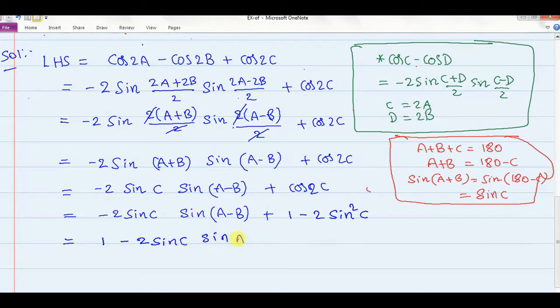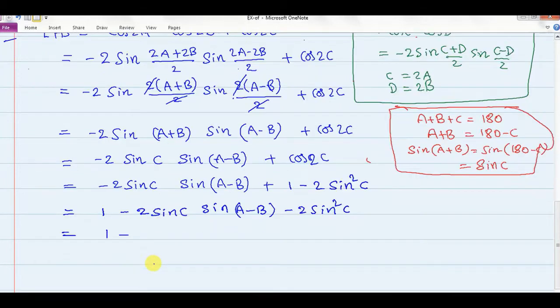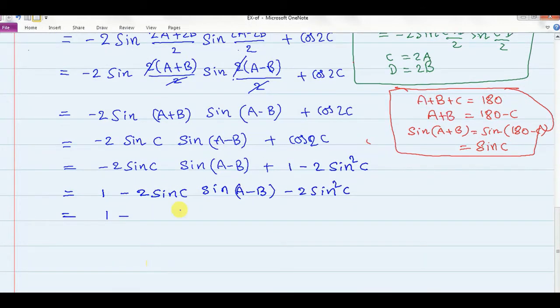Whenever 180 or pi occurs, we have the same trigonometric function. There is no change in it. So sine comes as it is. So sin c. Now replace sin of (a plus b) with sin c here. Keep the next term cos 2c same. Now minus 2 sin c and sin of (a minus b) same.